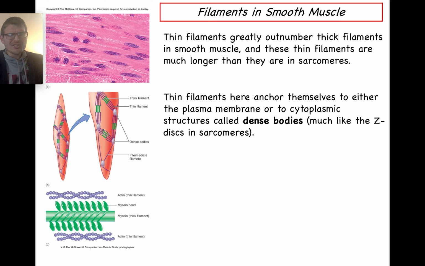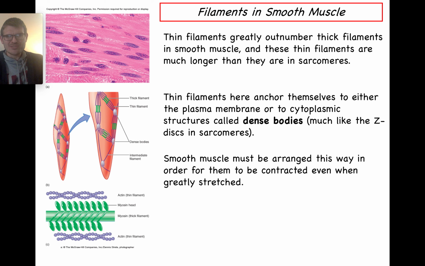So one question you might be having is, why organize the thick and thin filaments like this? The reason is because smooth muscle has to be able to undergo stretching forces much more so than cardiac and skeletal muscle. So it gets back to that elasticity and extensibility issue that we talked about at the beginning of the chapter.